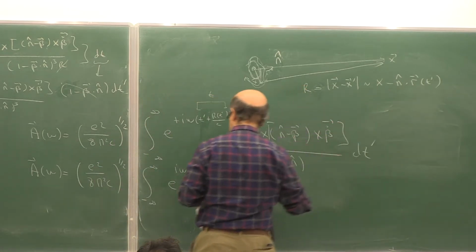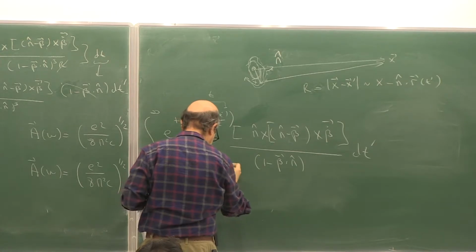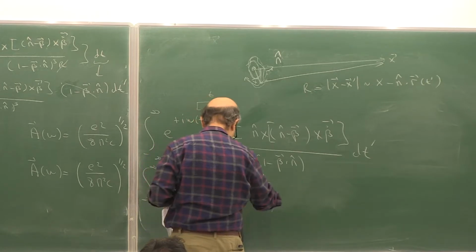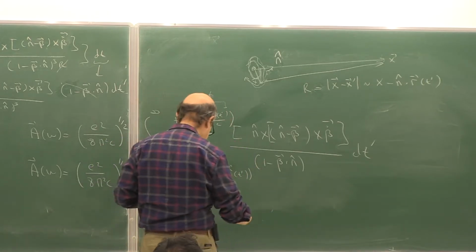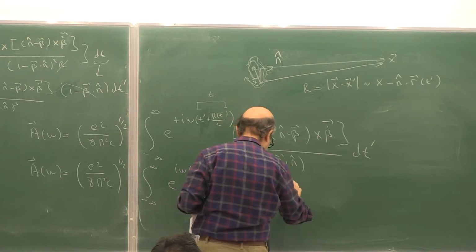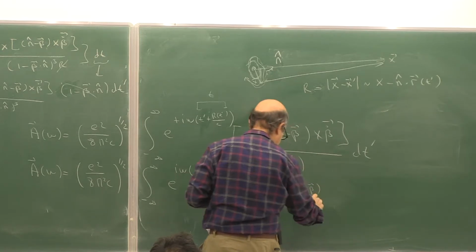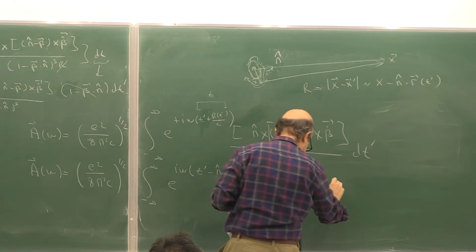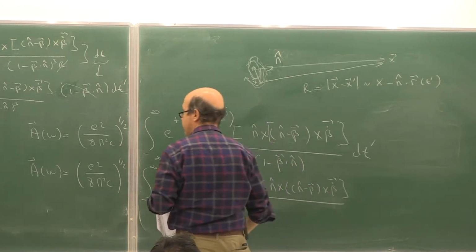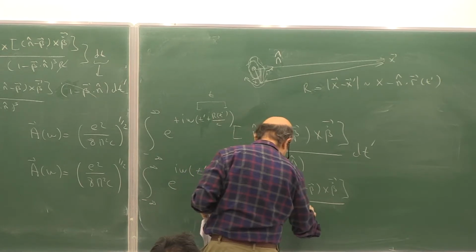Let me take this term here first, n dot r of t prime, and the rest of the expression is n cross n minus beta cross beta dot, divided by 1 minus beta dot n.